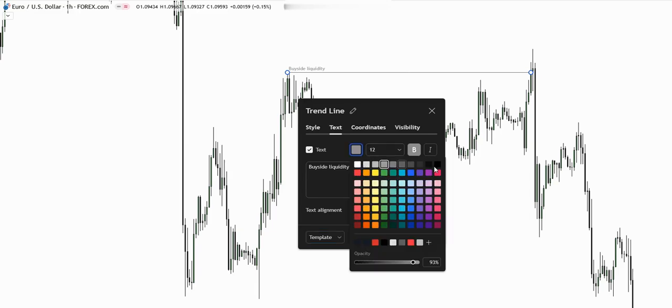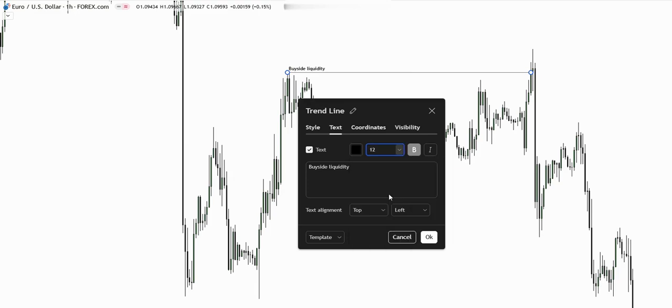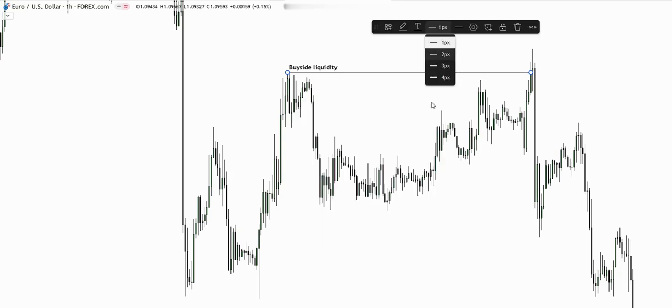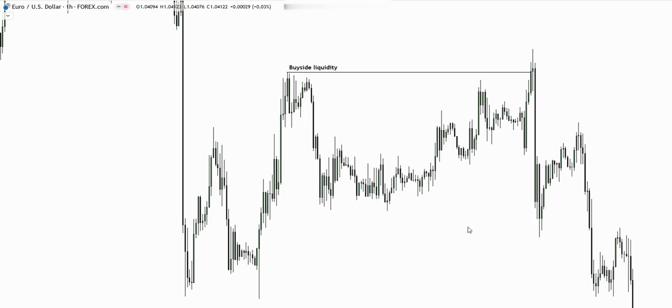Let me increase the size. Yeah, I hope that is visible. You can even add thickness to this line. So price, after a long jagged move here, finally took this high.